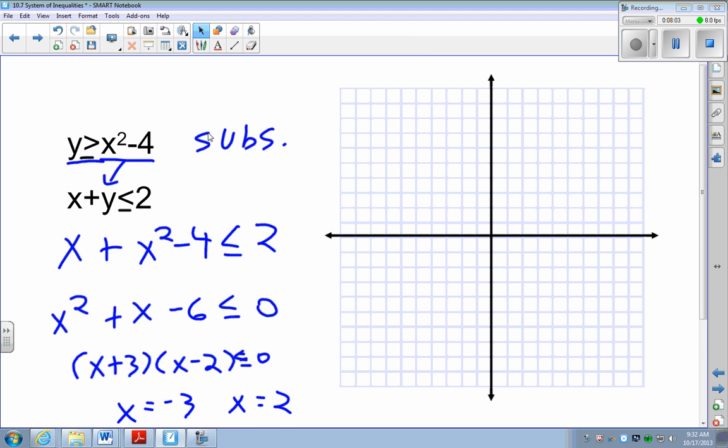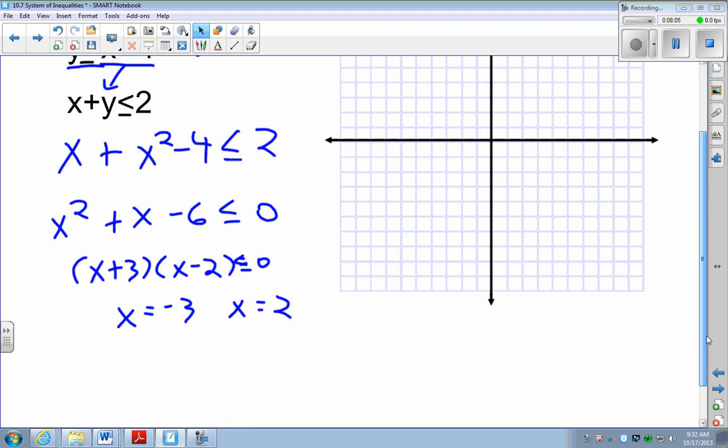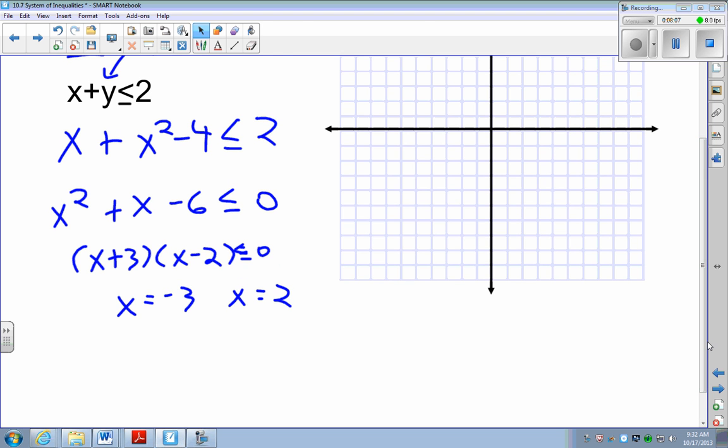All right, all we need to do now is find our y values that match up with these x's. So let's go ahead and put these x values back into this equation right here. And so we'll have negative 3 plus y is less than or equal to 2. And here, I'm just going to say equals 2 because we're just looking for a point on the line, not anything below it.